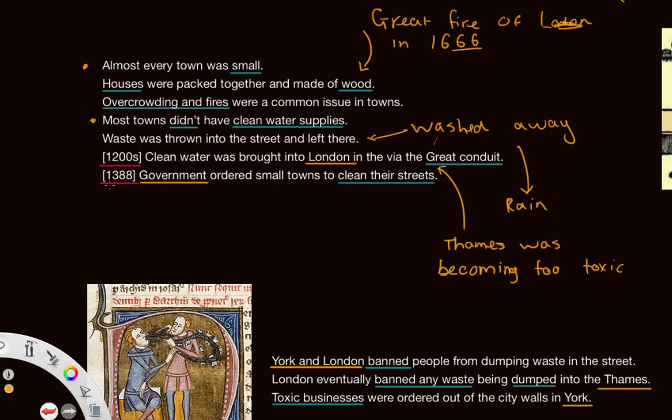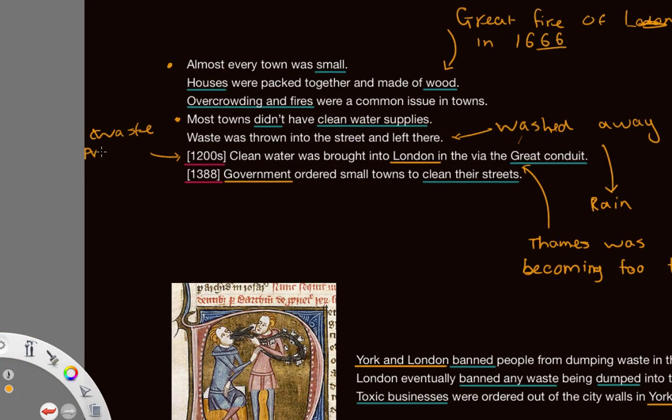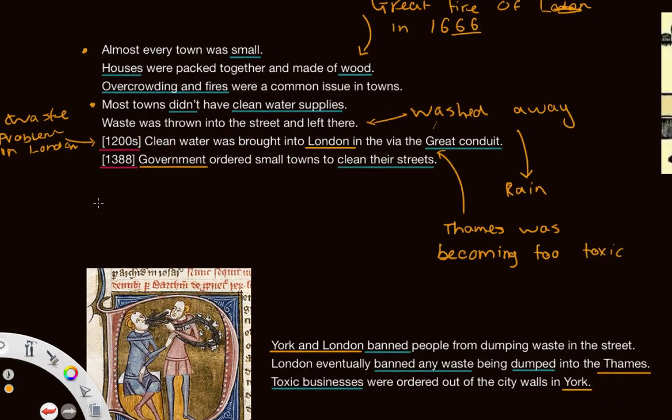And in 1388, this problem spread to the rural areas. So you can see in the 1200s the waste problem affecting places like London, and it wasn't until 1388 that the government prescribed some of these measures in the smaller towns.